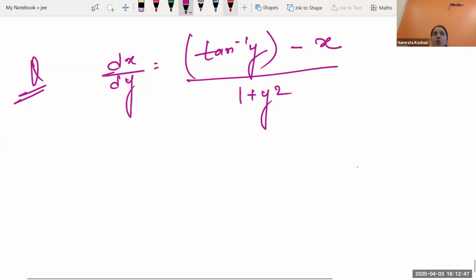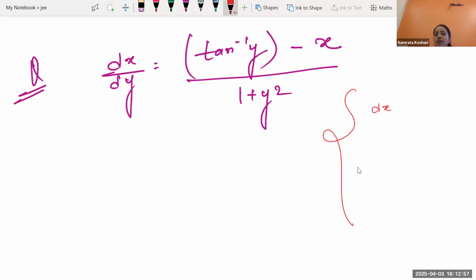Have you encountered such differential equation where the linear form is like this, dx dy plus p into x is equals to q? Have you seen such differential equation? Yes, ma'am. This one can be done like this.